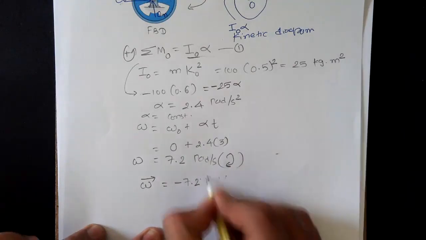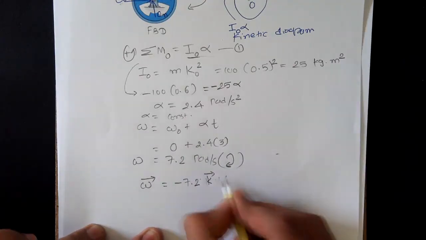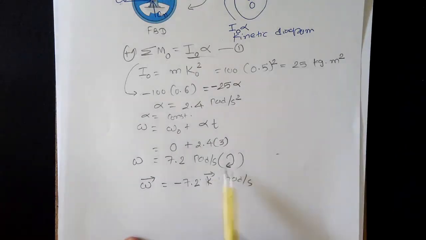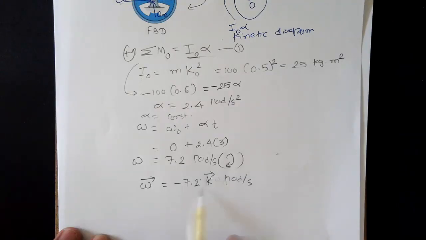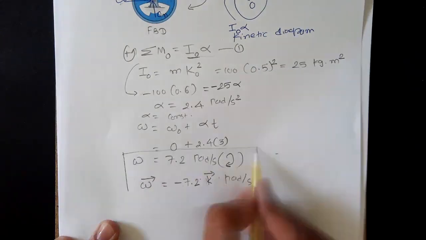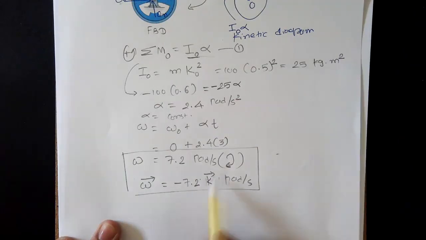So this k is the unit vector and the unit is radians per second. Okay, and I have replaced this clockwise arrow with minus k in the equation. So yeah, that's our final answer. Either of these answers is correct. You can write it this way or the other way.